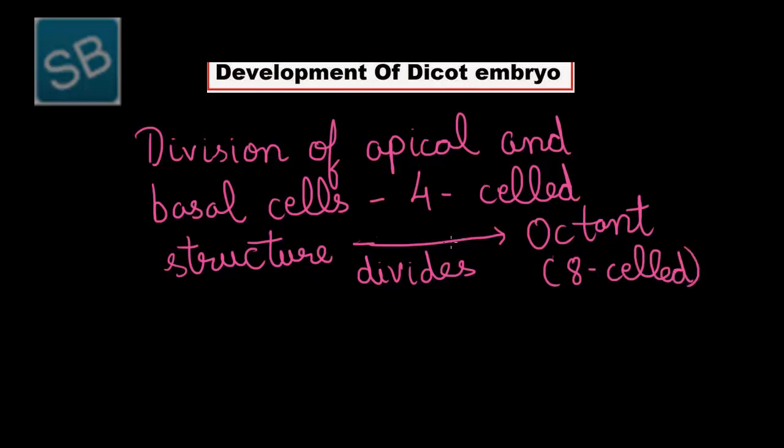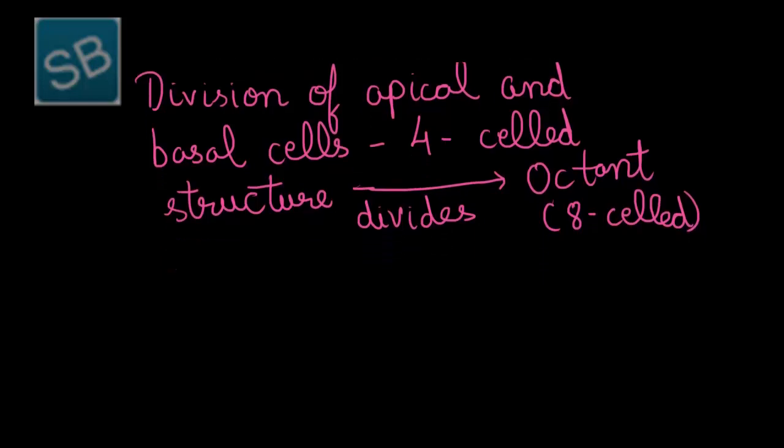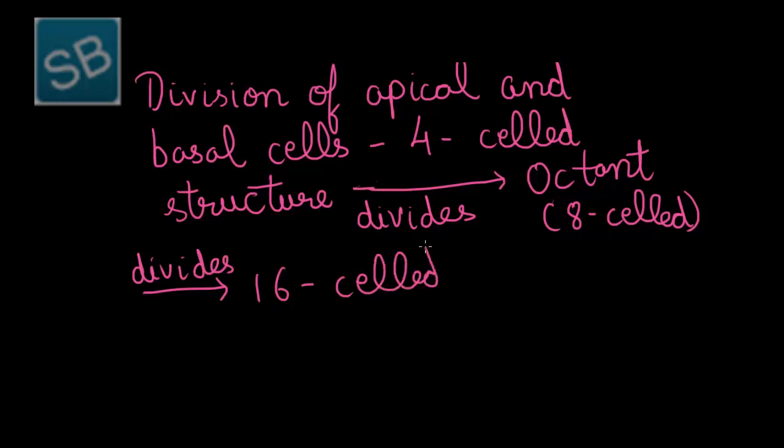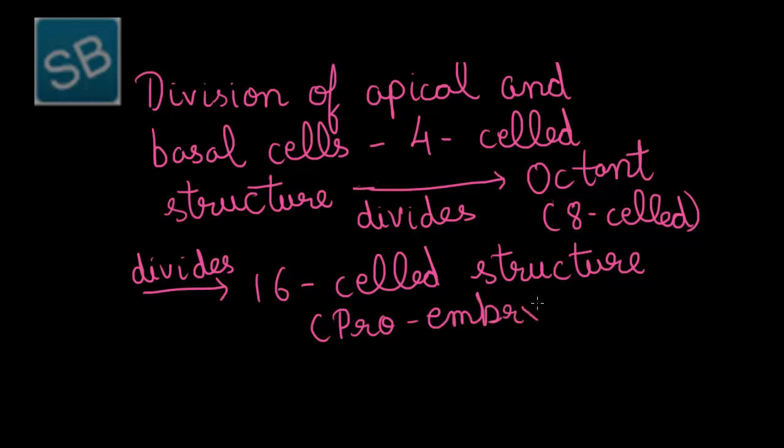However, this division is always in the form of right angle of the previous cell. Further, this octant divides to form a 16-cell structure which is known as a proembryo. This proembryo further divides to form various shaped structure which further develops into a mature embryo.